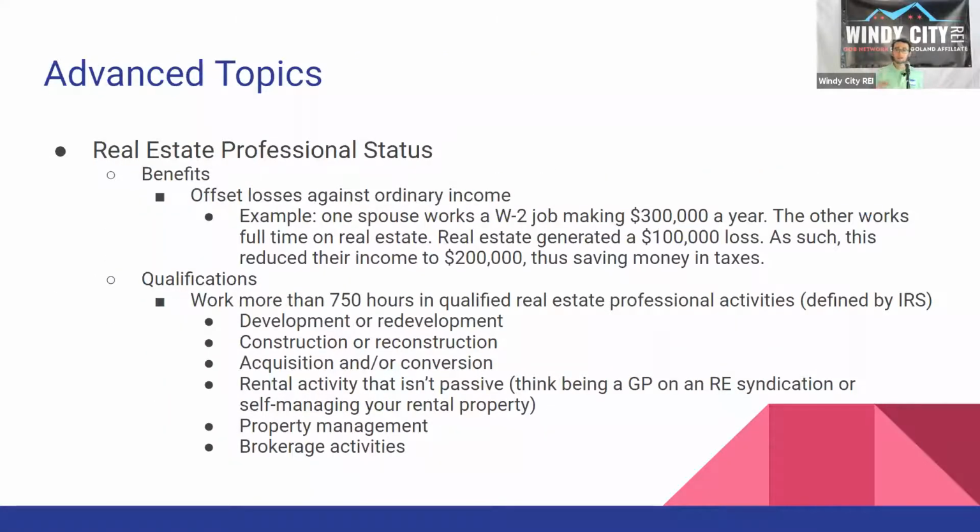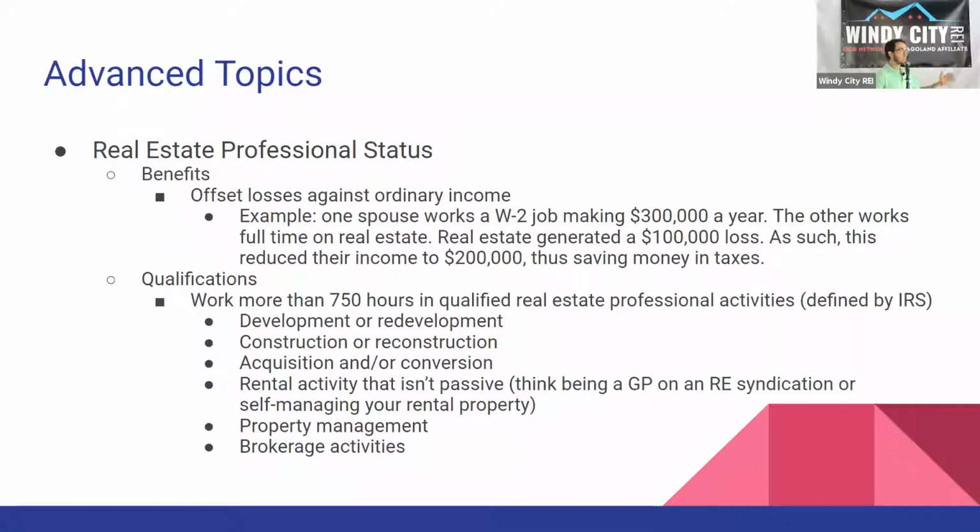Now we'll get into some of the advanced real estate topics. So real estate professionals have a pretty big status with regards to the IRS. There are additional requirements that you need to follow. But the main benefit that people cite is you can offset your passive losses from real estate with ordinary income. So for instance, let's say you have one spouse working and the other not.